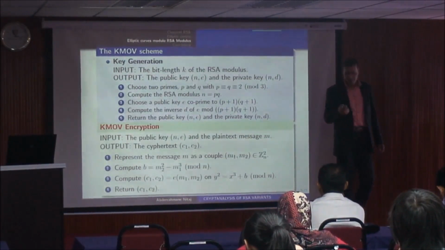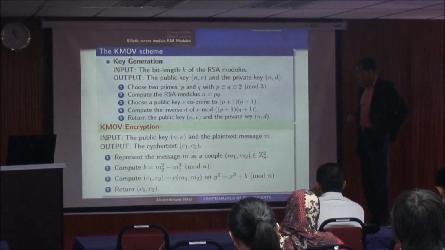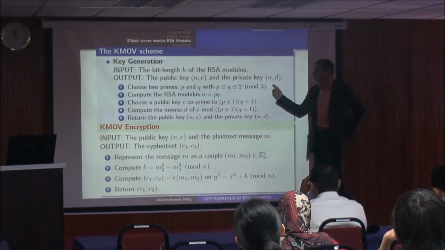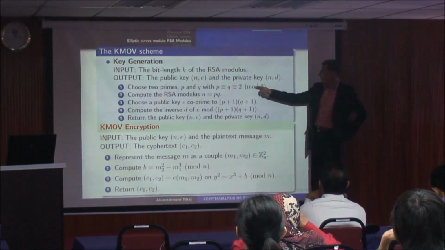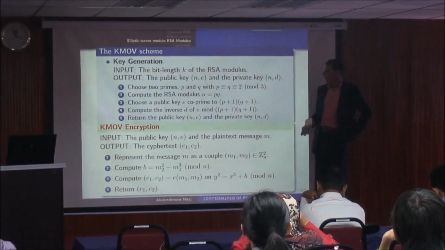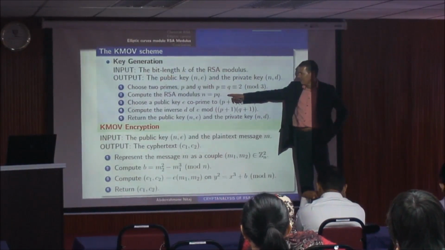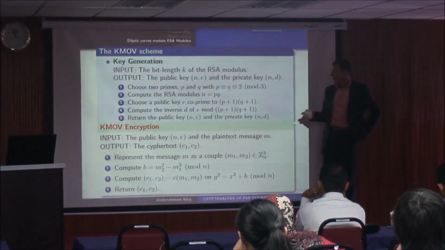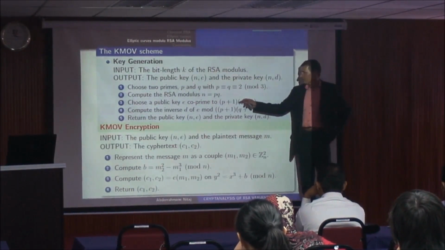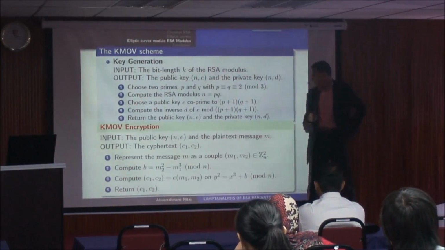So the Klimov scheme is based on mixing RSA and elliptic curves, and the generation is very easy. First, we choose two prime numbers, P and Q, such that P is equivalent to Q is equivalent to 2 modulo 3, and we can compute in this equation the product of P times Q as the RSA modulus n, and as for the RSA crypto system, we choose a public key E, which is co-prime to (P plus 1) times (Q plus 1).